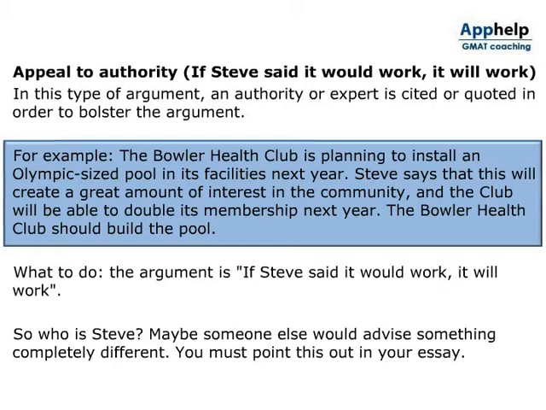Steve says that this will create a great amount of interest in the community, and the club will be able to double its membership next year. The Bowler Health Club should build the pool. What to do? The argument is if Steve said it would work, it will work. So who is Steve? Maybe someone else would advise something completely different. You must point this out in your essay.